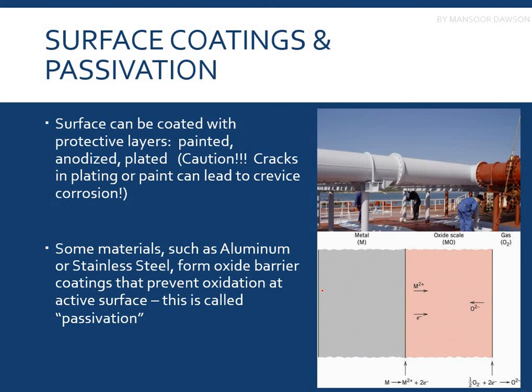It happens in the case of aluminum and stainless steel alloys. Or you can just paint your material. You can anodize your material, or you can plate it. You can electrolytically plate your material. You can do electroplating that protects your part from corrosion.